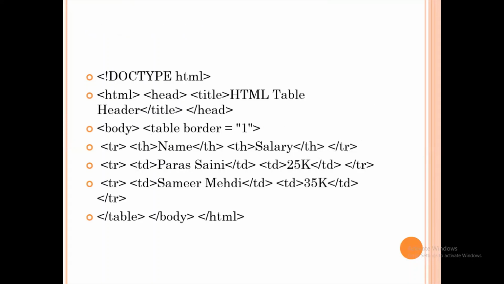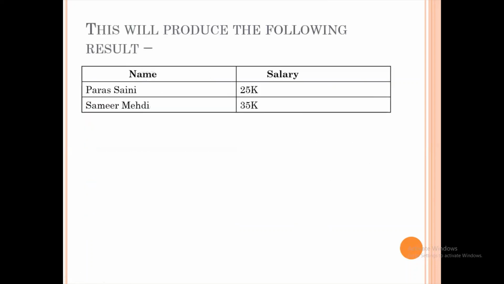Let's check the coding of this. There is a program on your screen. In this, there is a first row with a table header with a name and salary field, and after that two rows with the data fields. This will be the output of this table.